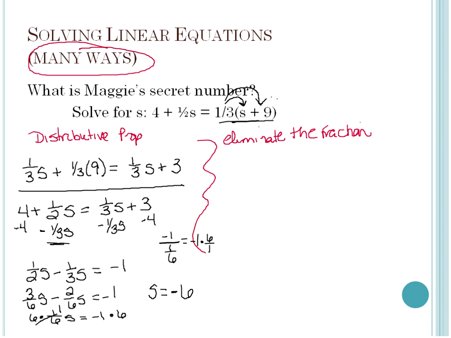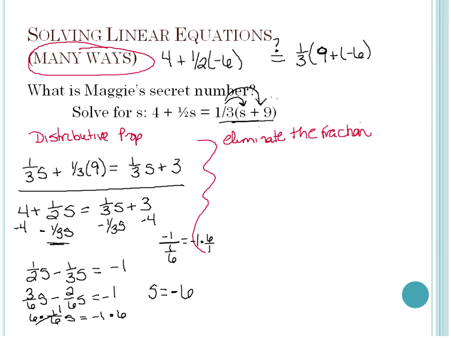And before we use that second way to solve, let's go ahead and make sure that we have the right answer by checking the reasonableness of our results. So if I know Maggie's secret number is -6, I want to know what 4 more than half of Maggie's secret number is. And I want to make sure that that is indeed equal to 1/3 of 9 more than Maggie's secret number, or I could have written it as -6 plus 9.